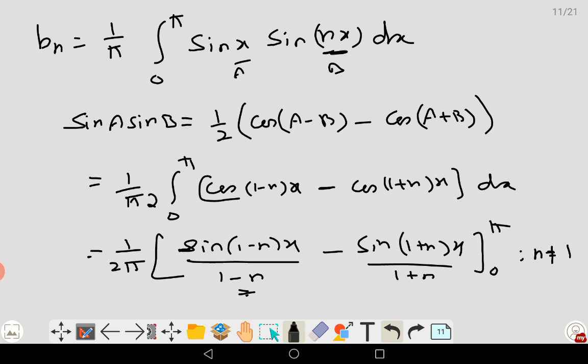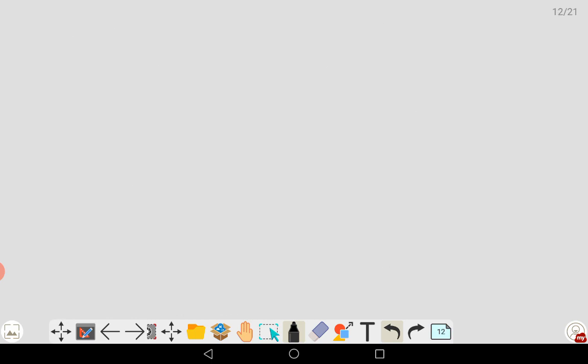Since these are sine functions, substituting upper limit as pi and lower limit as 0 will give everything as 0, so bn is 0, but not true for n equal to 1. So separately we should find b1.